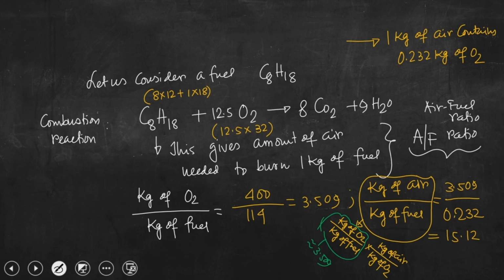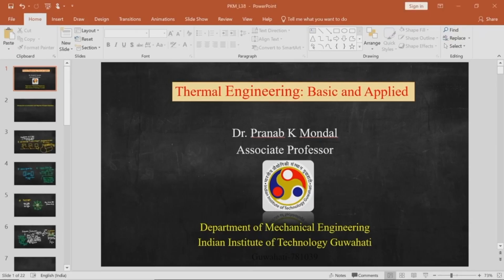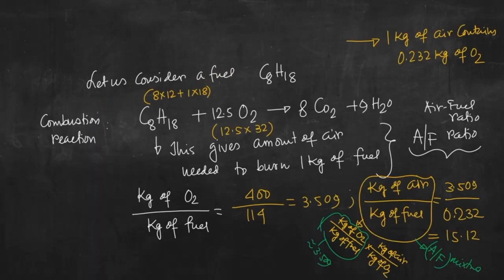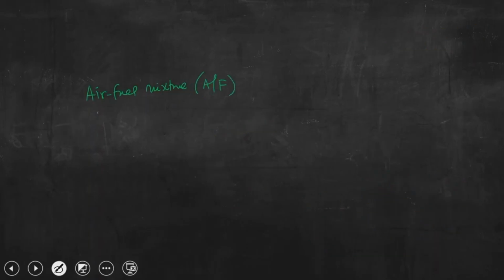So, this is basically the air fuel mixture, kg of air by kg of fuel. Okay. So, we have calculated for this particular fuel the air fuel ratio equal to 15.12.